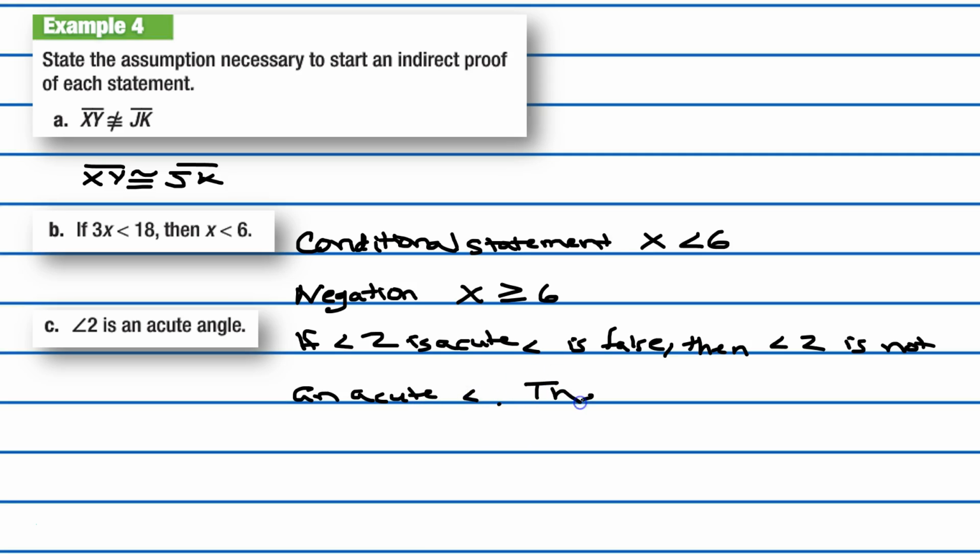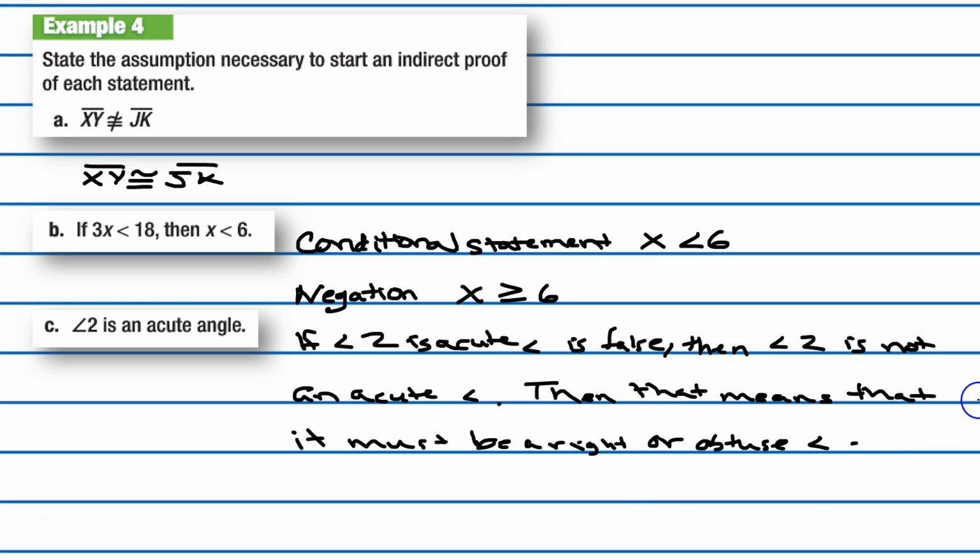Then that means if it's not acute, then it must be a right or obtuse. Because if it's not acute, then the only options are that it has to be a right or an obtuse.